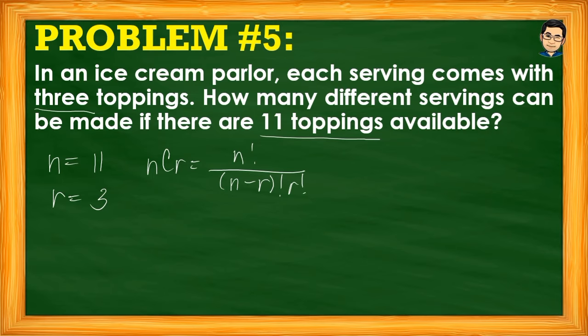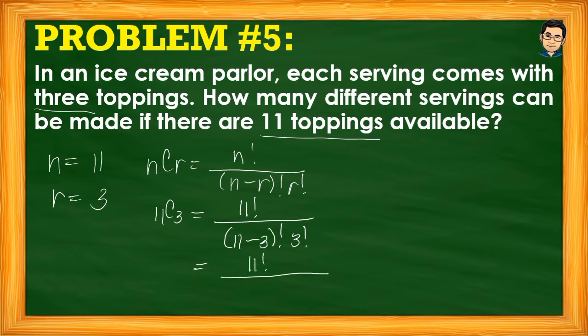Okay. So, yung n natin is 11. 11 factorial all over the quantity of 11 minus 3 factorial times 3 factorial. So, magiging 11 factorial all over 11 minus 3, that is 8 factorial times 3 factorial.